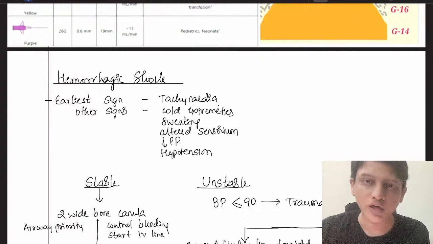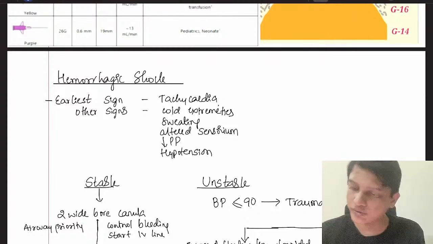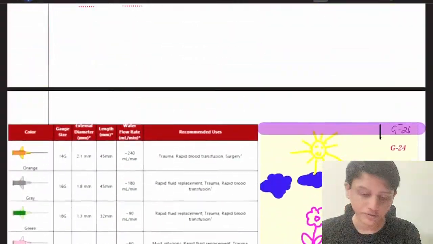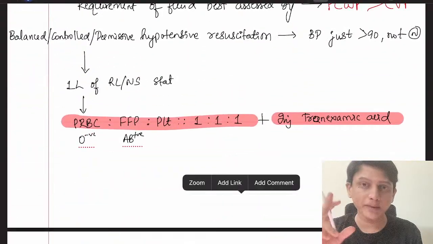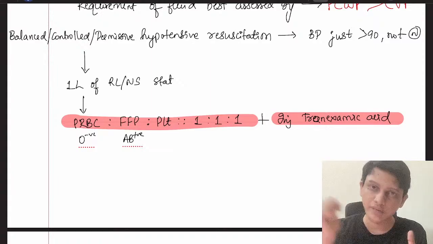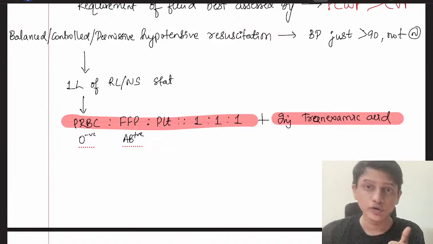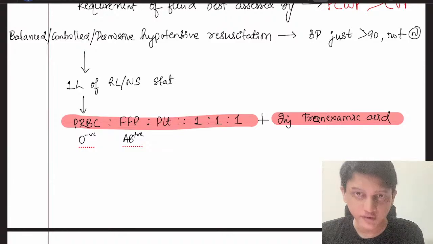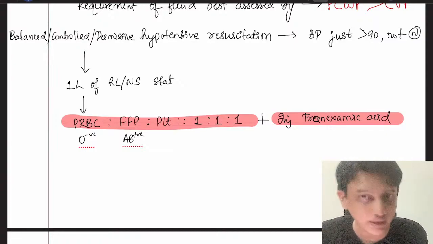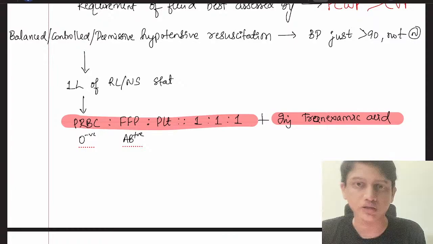Next, some trivial facts about hemorrhagic shock we should know. Sir, please repeat the ratio once. Okay, very good. For every 1 unit of PRBC you transfuse, you have to simultaneously give one FFP, fresh frozen plasma, which has all the clotting factors. Then you also have to give platelets, which are required for coagulation of the blood.